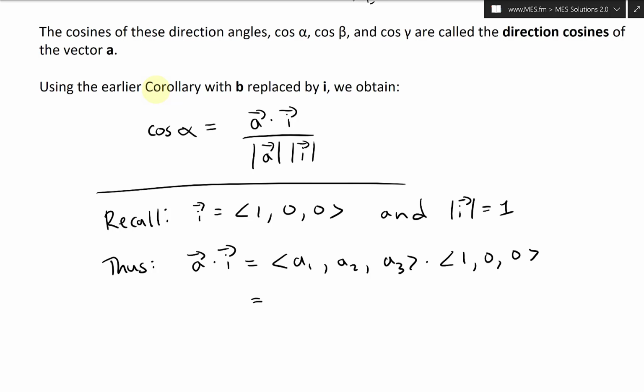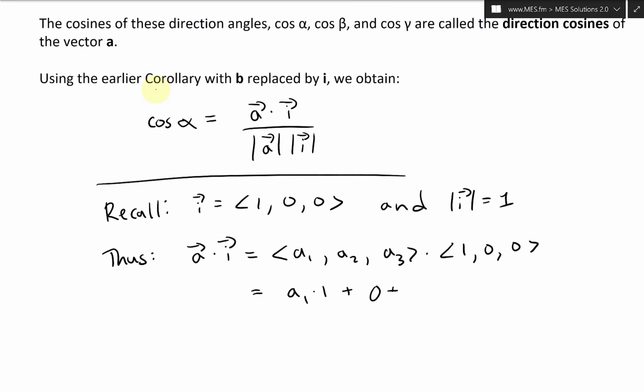This all equals A1 times 1, plus the next one, 0 times A2, plus 0 times A3, and so on. So in other words, it's going to be 0 plus 0. This all equals A1.